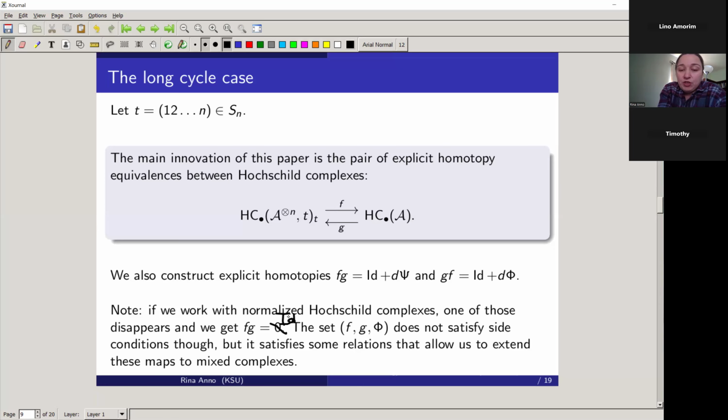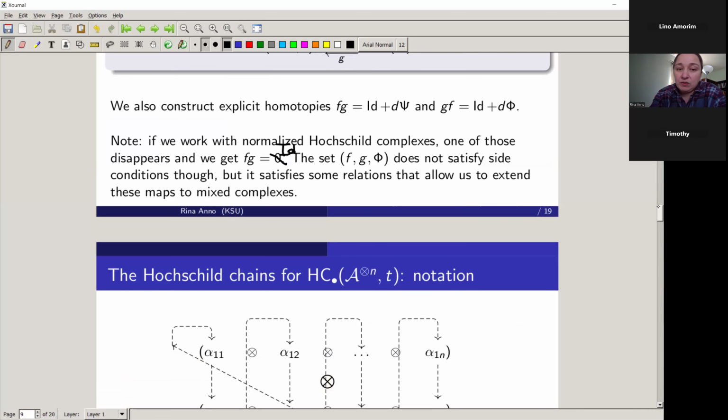So we have FG equals identity and a homotopy phi between GF and identity, and side conditions say that F times phi equals 0, phi times G equals 0, and phi squared equals 0. We don't have this here. So we do have some weaker relations that still allow us to extend those maps to mixed complexes.